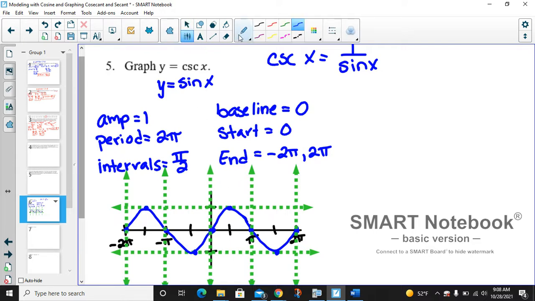So all we have to do here is follow these asymptotes and use this point, which would be both of them, and it will look like this. So this is our graph. The red part here is the graph of cosecant. And that's it.